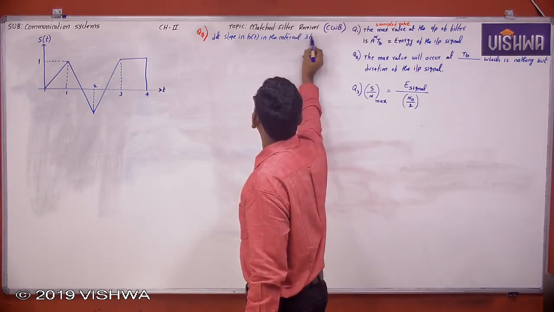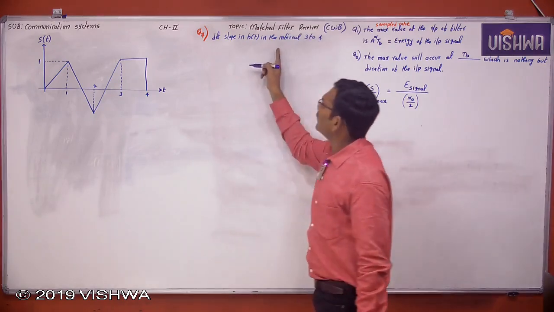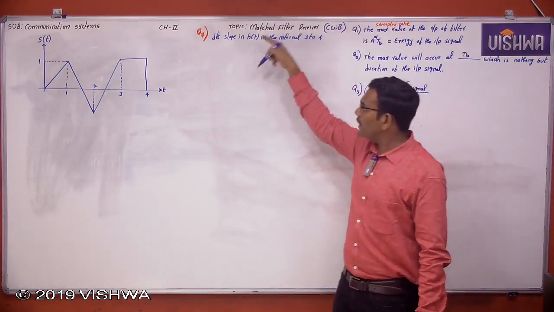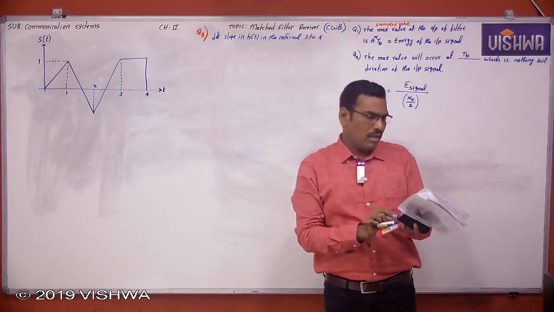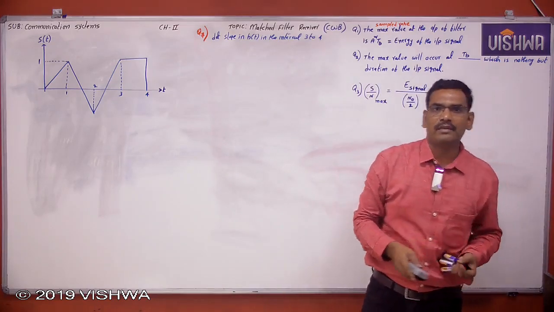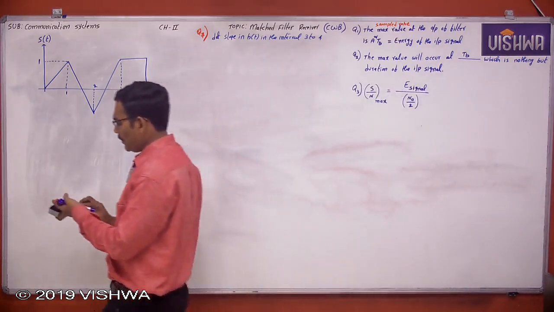3 to 4. So if you want to find the slope in the interval 3 to 4 in the impulse response, first we need to find the impulse response. Now how to find the impulse response of the matched filter? There are two steps. What is step 1?